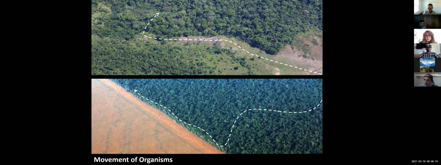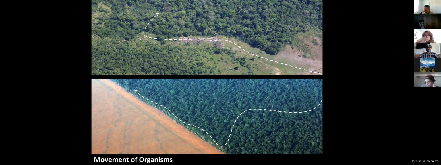So if we imagine these white arrows here as a movement of an animal, you can see how it would be easier for an organism to make its way into this forest patch from this more open area because of the gradual transition that it needs to move through, as opposed to an organism that's moving through this forested landscape on the bottom and comes up to this very sudden and dramatic barrier and would tend to move along that barrier as opposed to venturing out into that very different type of environment.